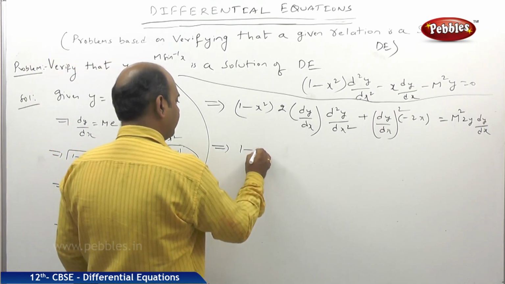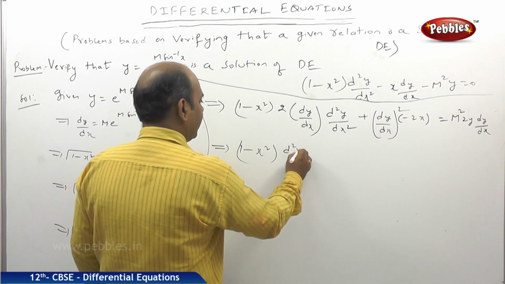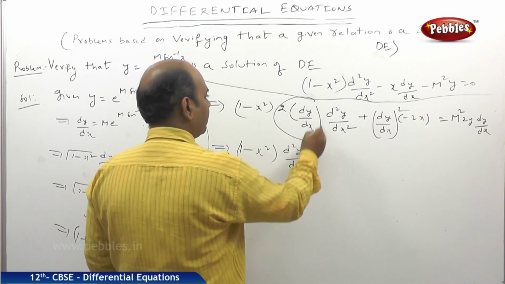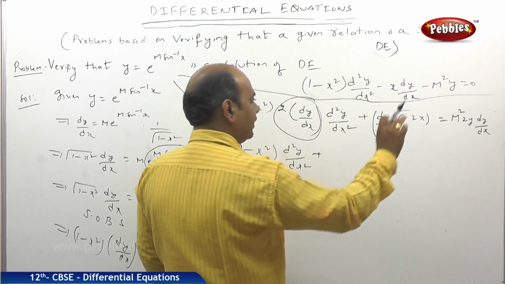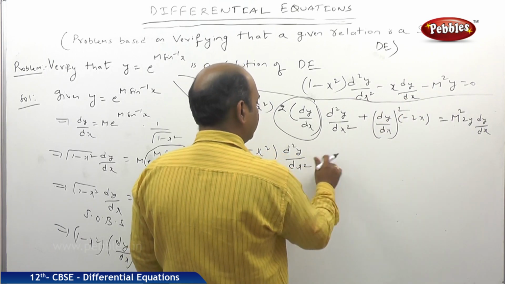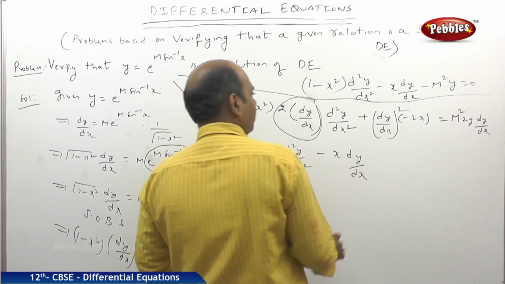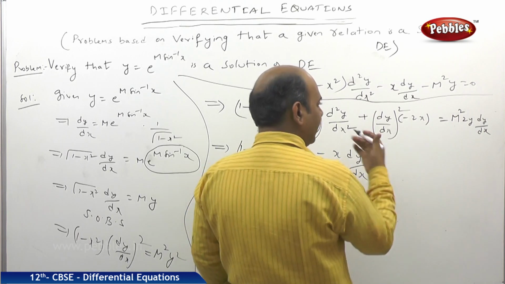So what happens, 1 minus x square, there remains d square y by dx square, because this factor can also be removed, plus 1 dy by dx will be going. So minus x into dy by dx, and here also 2 into dy by dx gets cancelled.